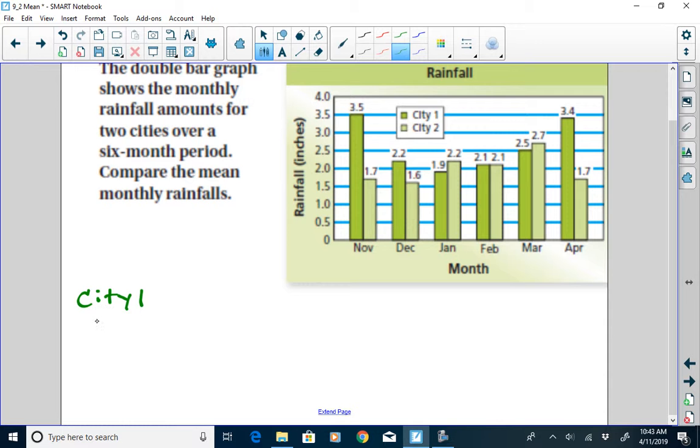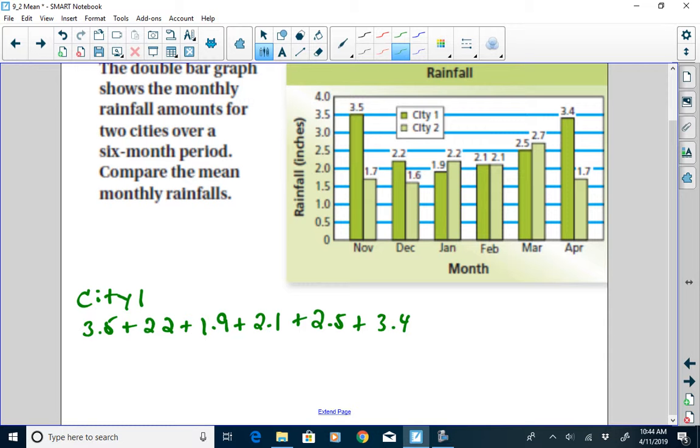So we have 3.5 plus 2.2 plus 1.9 plus 2.1 plus 2.5 plus 3.4, and I want to find the sum of those. Let's see, 1, 2, 3, 4, 5, 6 amounts.